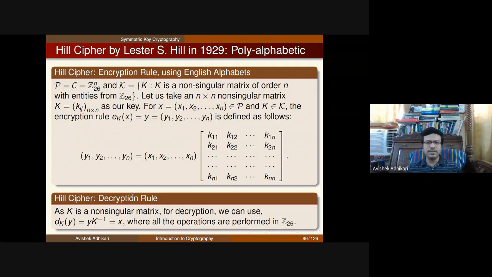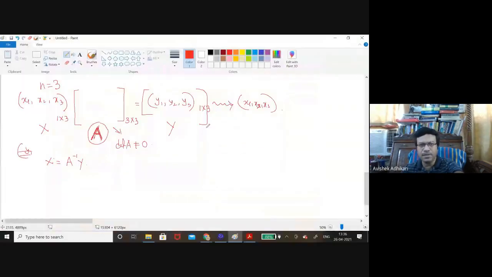So the question is, how many such matrices are available? Suppose my K is an n cross n matrix, and each of the entries comes from, say, Z29.